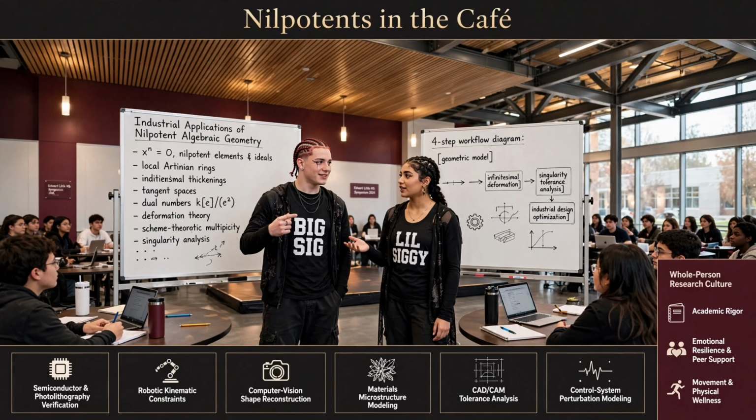We need to start with the front half, right? The algebraic geometry perspective and nilpotents. We really should define our terms here first. When we talk about algebraic geometry, we are talking about a major synthesis in mathematics. Okay, break that down for me. So historically, geometry was physical, right? You took a compass and a straight edge, you drew shapes, and you physically measured the angles. Very tangible.